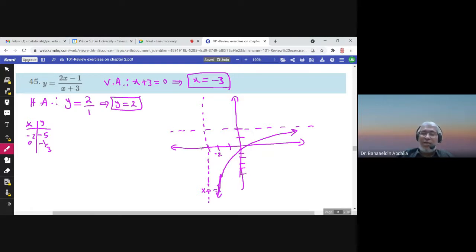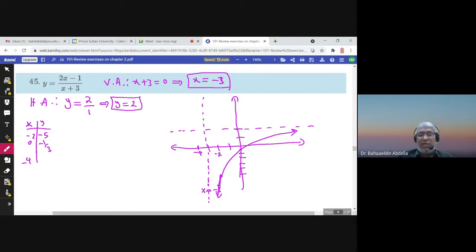What about to the left of the vertical asymptote? It is -3. So let me choose -4. So what is the value of y if x is -4? Well, 2 times -4 is -8 minus 1 is -9, and -4 plus 3 is -1.